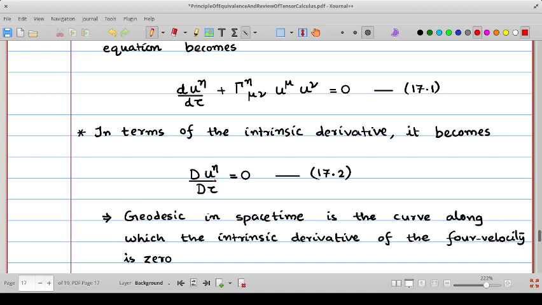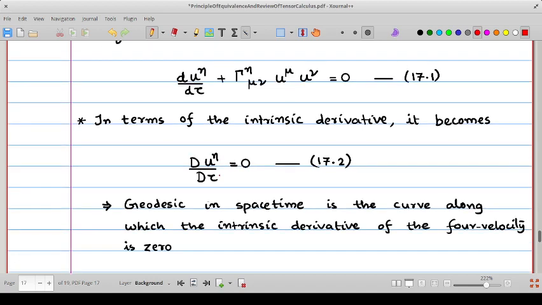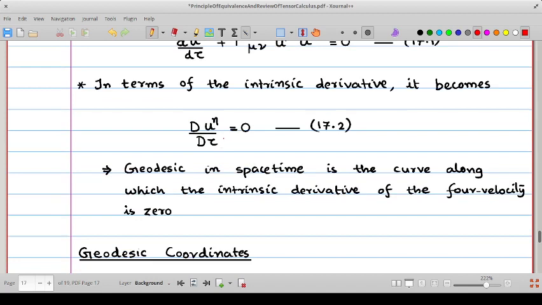So we see that the geodesic corresponds to the intrinsic derivative of u eta with respect to the proper time tau being equal to 0 for all values of eta. So geodesic in space-time is a curve along which the intrinsic derivative of the four velocity is 0.